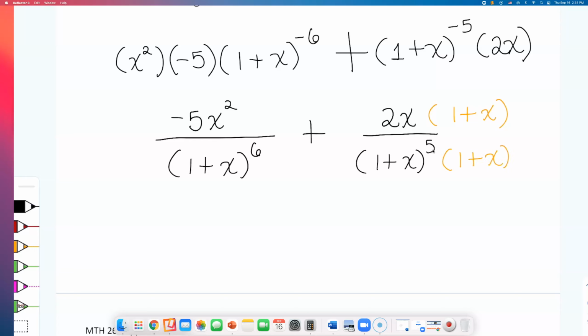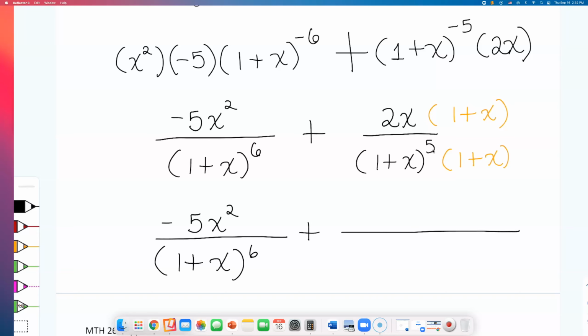So that way, the first one remains the same for right now. But the second one, if I may distribute, to get 2x plus 2x squared, the denominator now is 1 plus x raised to the 6th power because we just multiplied one more. 5 plus 1 will give us 6 there.